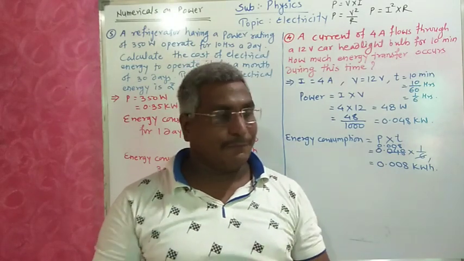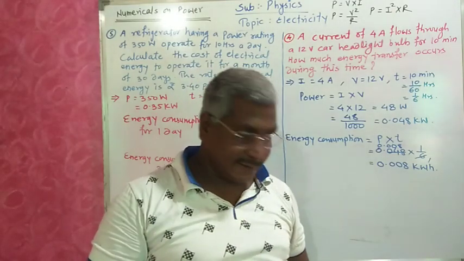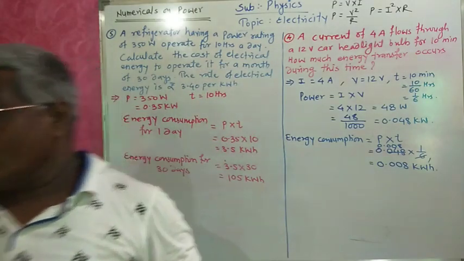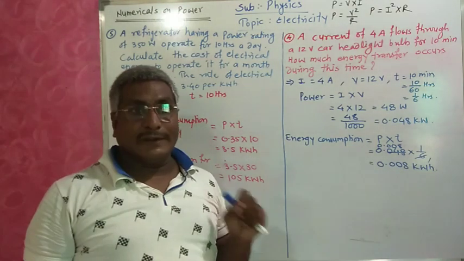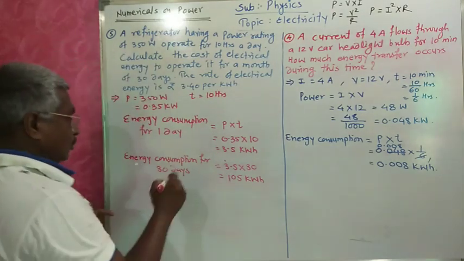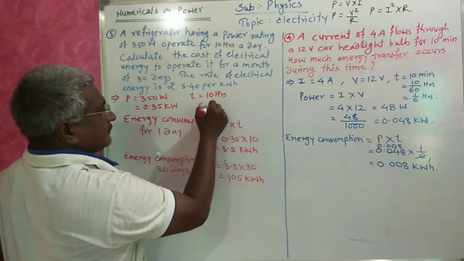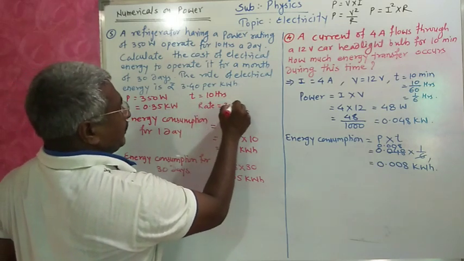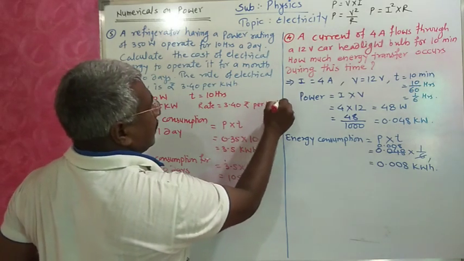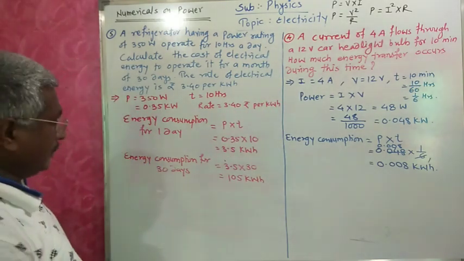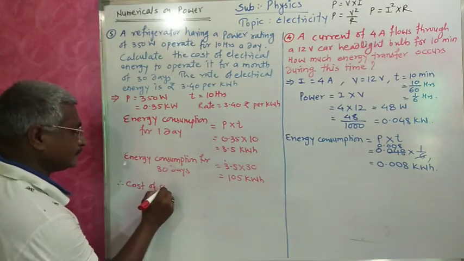If you see your electricity bill carefully, on the back of the electricity bill you will get the chart. So now the rate is given here, 3.40 rupees per kilowatt hour. Now the cost of consumption.